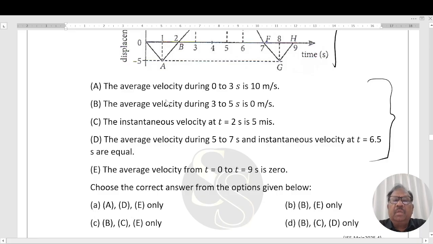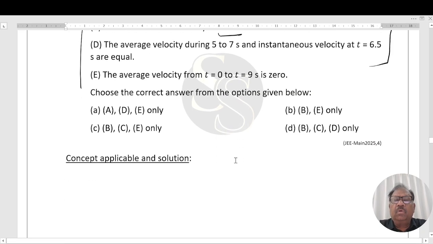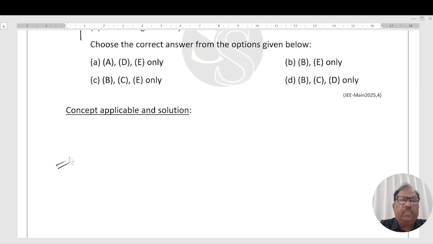Average velocity from 0 to 3 seconds, 3 to 5 seconds, and so on, we have to find. We will calculate one by one.